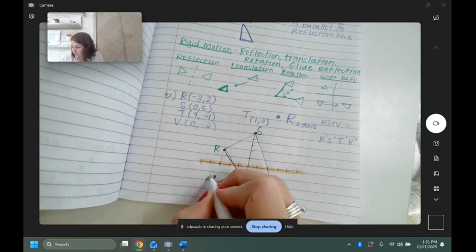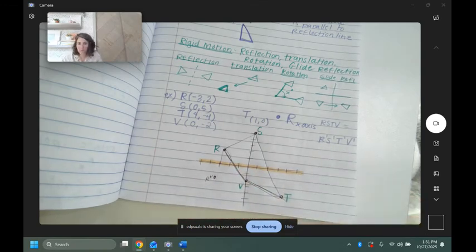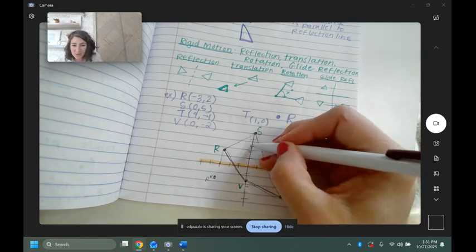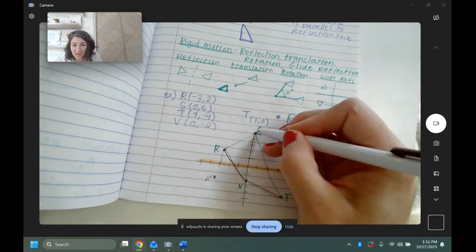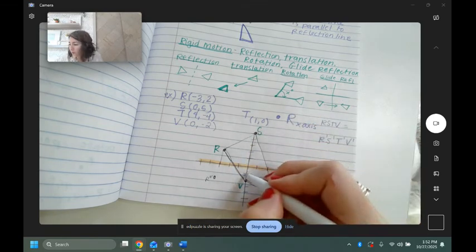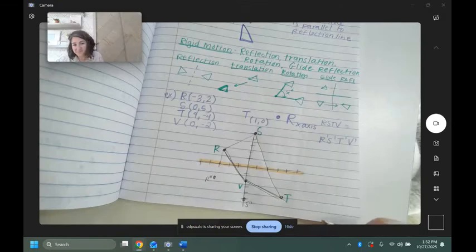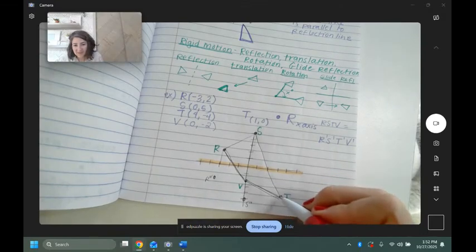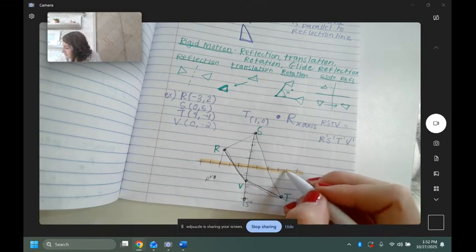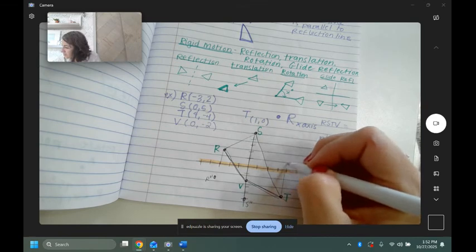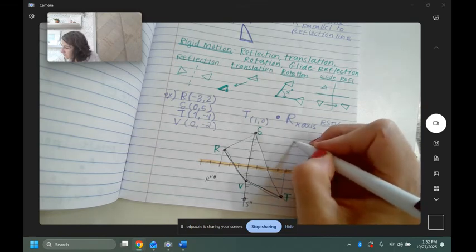I'm going to do 2 primes because it's not the R prime that we're actually going for. S is 1, 2, 3, 4, 5 away from the x-axis. So I want to go 1, 2, 3, 4, 5 in this direction. T is 4 down, 4 over, 4 down. So I'm going to go up here, 1, 2, 3, and 4.